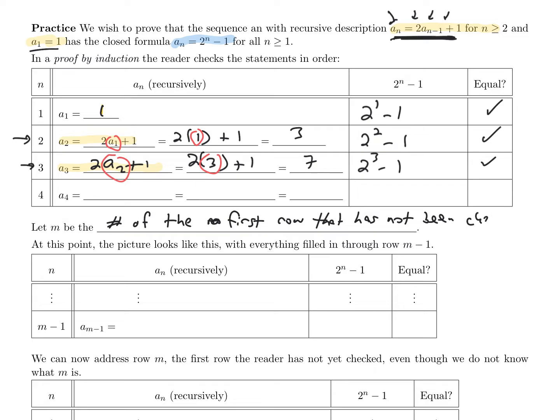So there will always be some first row that hasn't been checked. And remember, when we say we're doing a proof by induction, the reader is promising to check them in order.